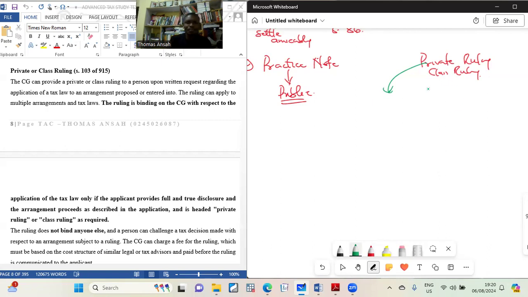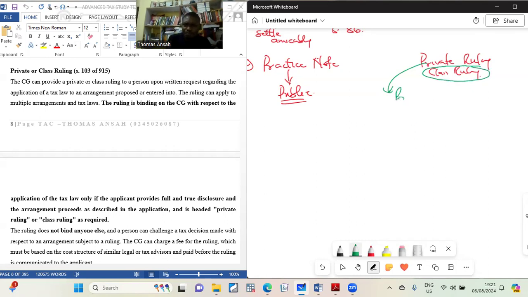But let's say many private people who are in the same industry come together to go and see the Commissioner General. So let's say all poultry farmers, there's something about the tax law they don't understand. They all come together and go and see the Commissioner General to know his position on that provision. That one is what we call a class ruling.